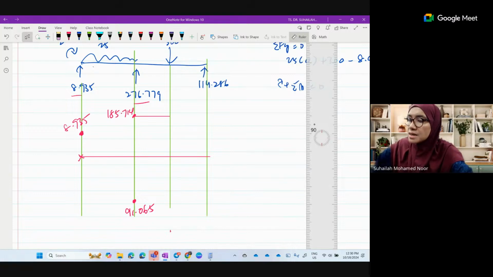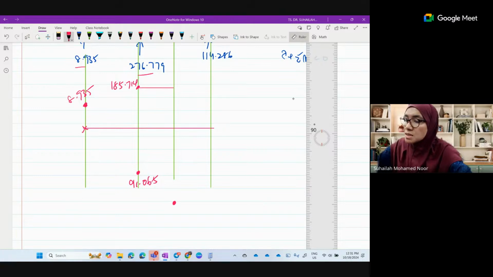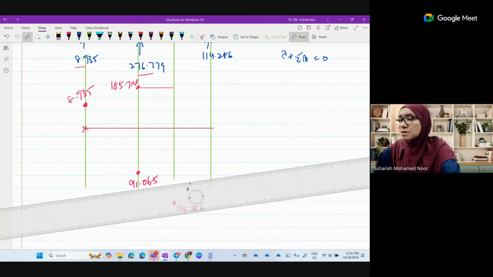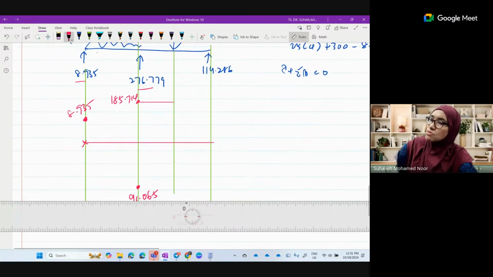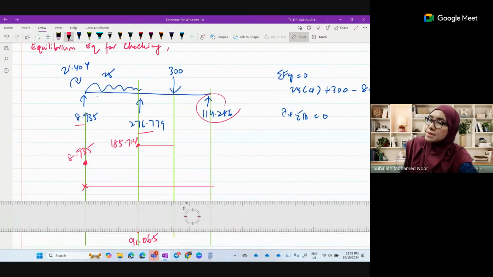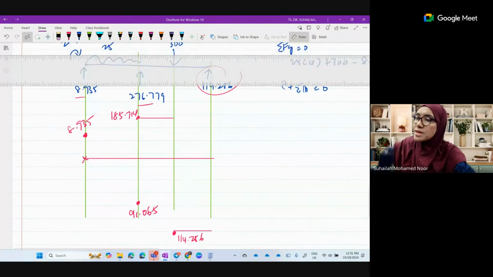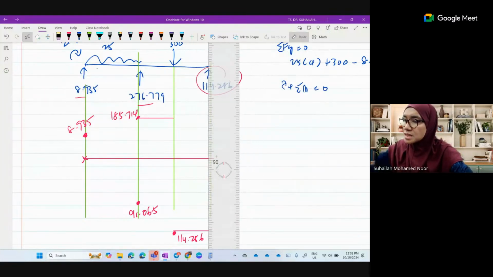Sinilah berapa nilai? 114.286. So yang ni, nanti yang you buat elok-elok. So dia akan jumpa this, dia akan balik ke kosong. So last point, 0. Start dengan 0 and end at 0.